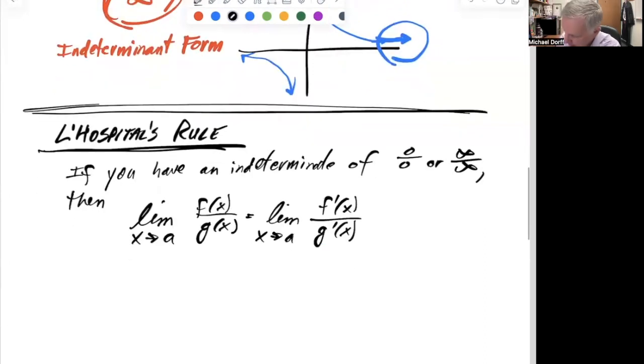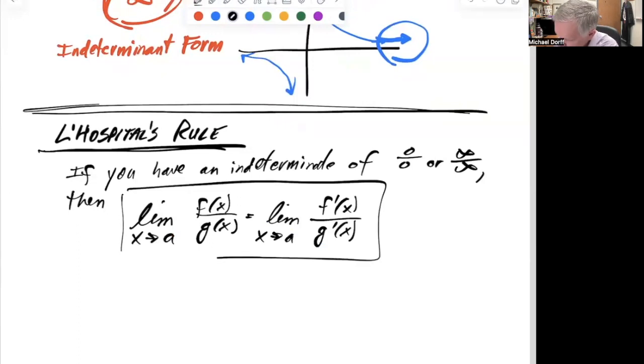So again, if I have this fraction form with f over g, and when I put in the limit by direct substitution, I get 0 over 0 or infinity over infinity, then that's an indeterminate form.